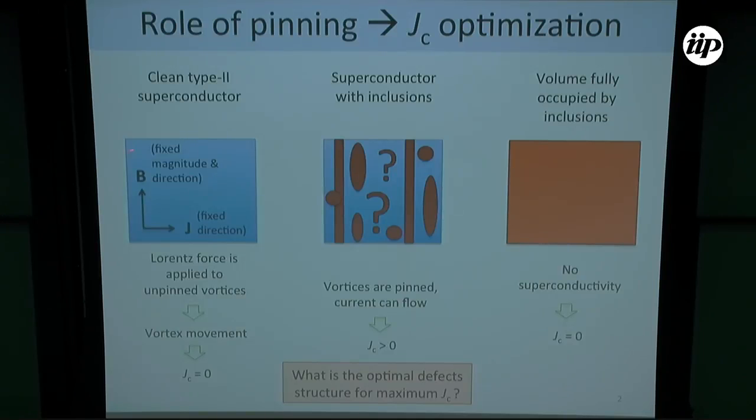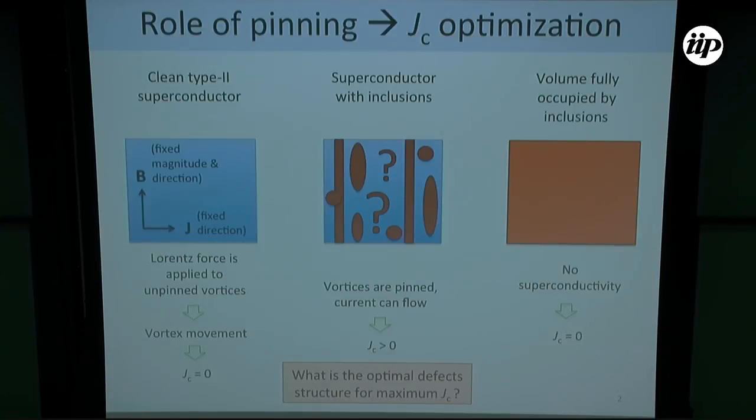So obviously, if we have just a clean type 2 superconductor, then the Lorentz force will act on vortices, and due to the vortex movement, the critical current will be very low or theoretically zero.